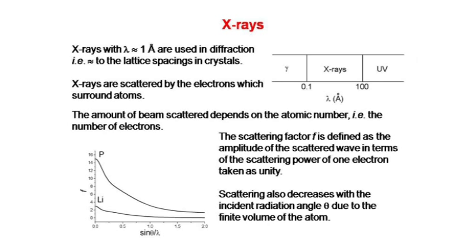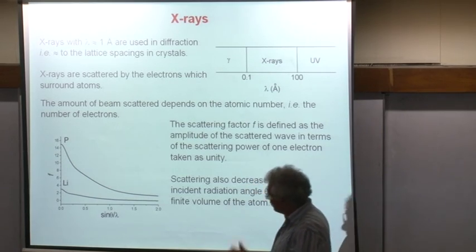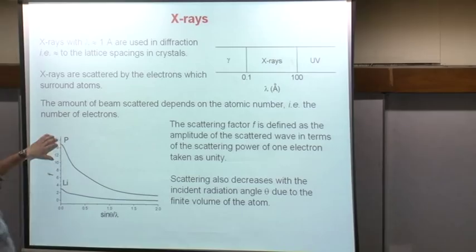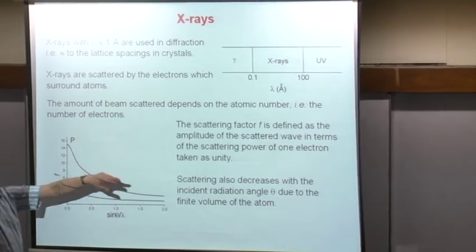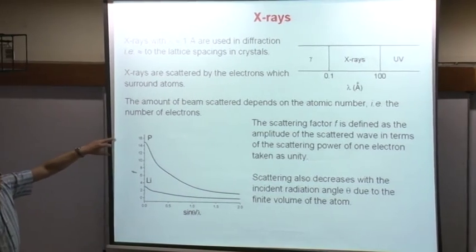The X-rays are actually scattered by the electrons that surround each nucleus, and so the amount of scattering that you get depends on how many electrons you have. And so you can define a scattering factor F, and we'll look at this in more detail in subsequent lectures.